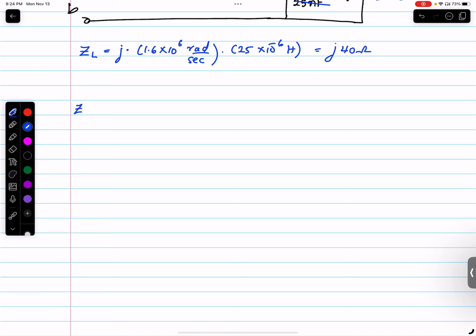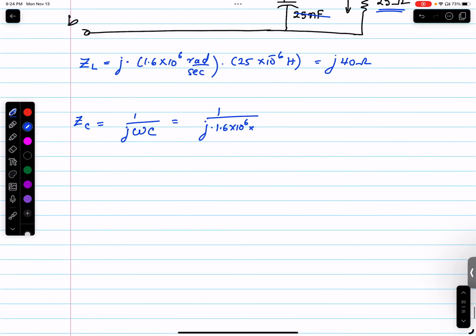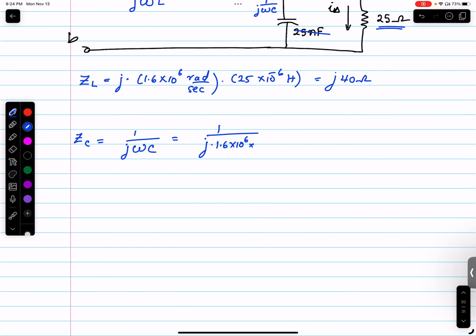Similarly, let's calculate ZC as well, which is 1 over J omega C. So plug in all of that. Omega is again 1.6 times 10 to the 6. And C is given to be 25 nanofarad, 10 to the negative 9 farad.